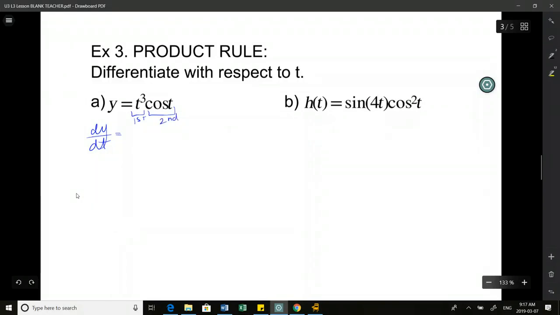We want the derivative of the first times the second plus the first times the derivative of the second. And then I'm just going to common factor out the t squared.